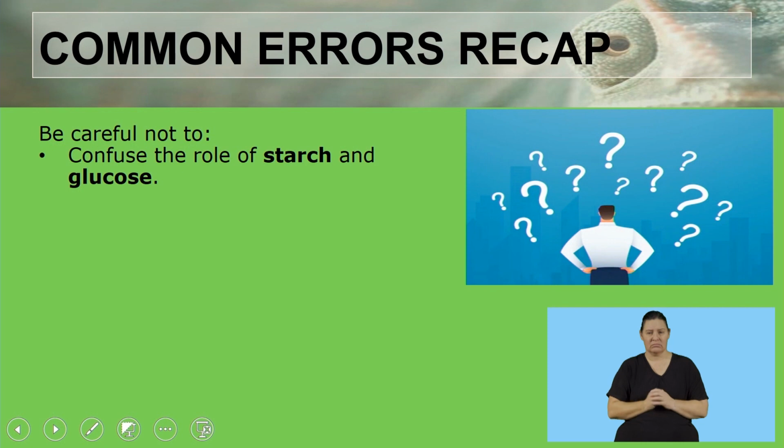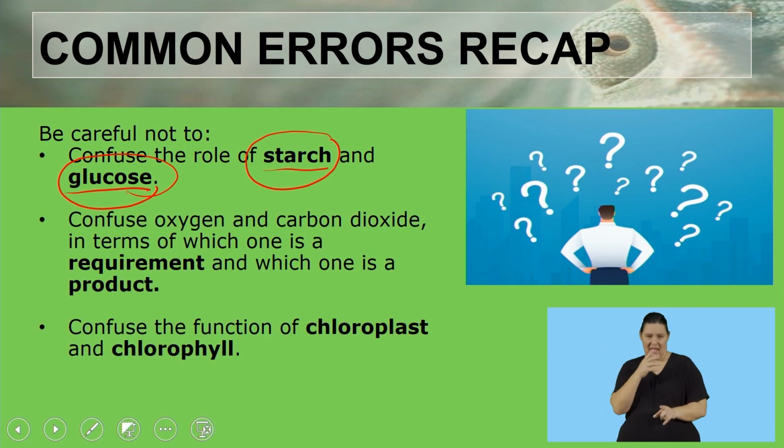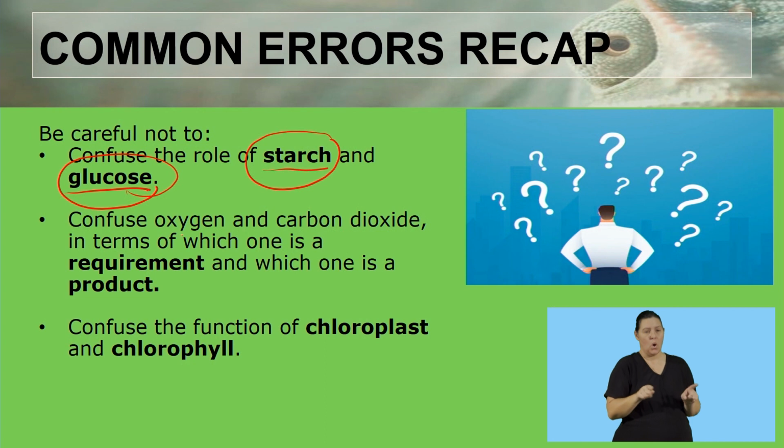You should try not to confuse the role of starch and glucose during photosynthesis. If you remember, we said that plants make glucose and use the glucose for its own processes, while the starch is stored in the plant and is used by other organisms that are going to consume the plant. Also, do not confuse oxygen and carbon dioxide in terms of which one is the requirement and which one is the product.